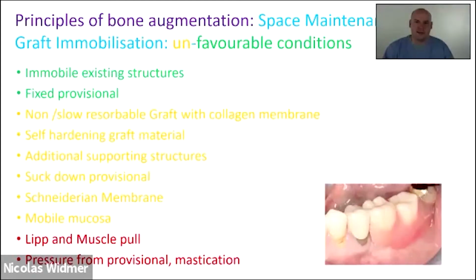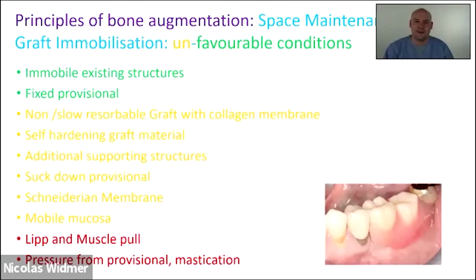The space maintenance and graft immobilization, so we're coming to the main topic, is very important. Here in green letters, what really helps are immobile existing structures. I will explain later. For example, a fixed provisional will also help.